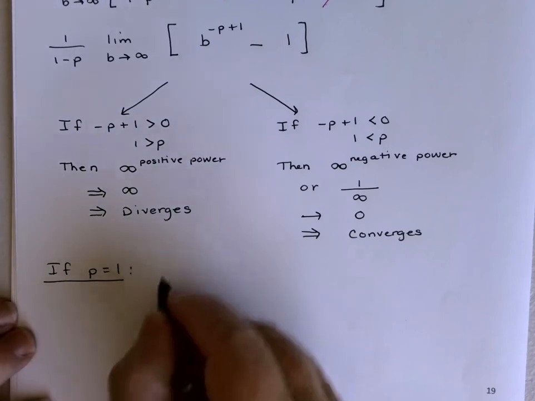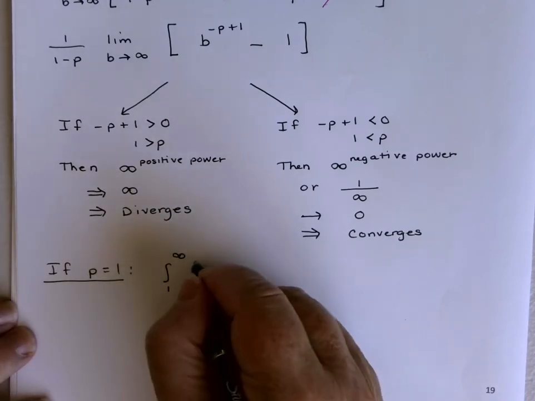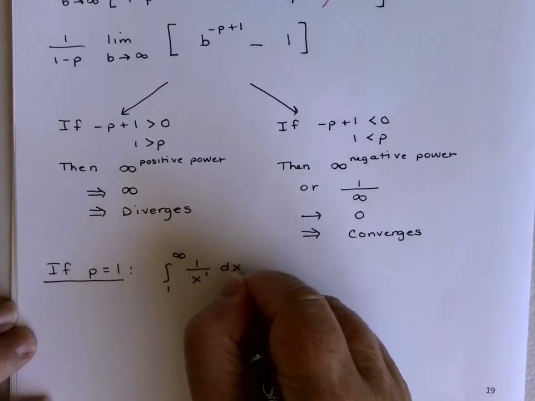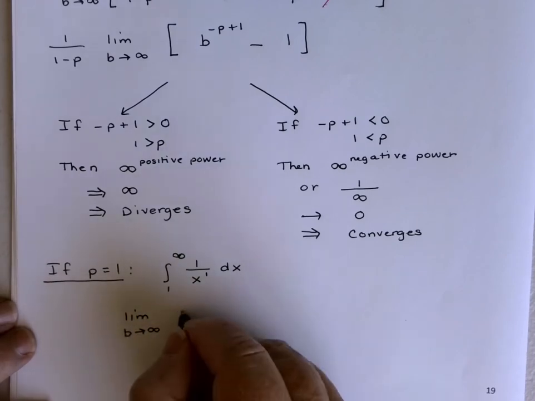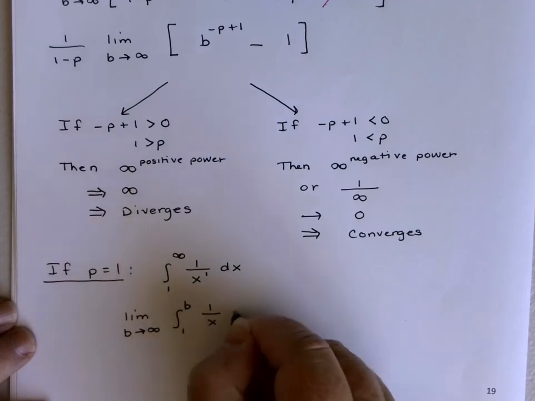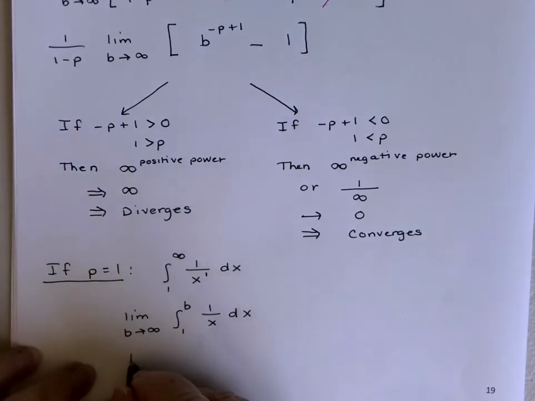If p equals 1, then the original integral from 1 to infinity would just be 1 over x to the first power. And if I do my usual thing here and replace the infinity with a limit as b goes to infinity, I know that integral now doesn't follow the power rule, that's just the natural log.